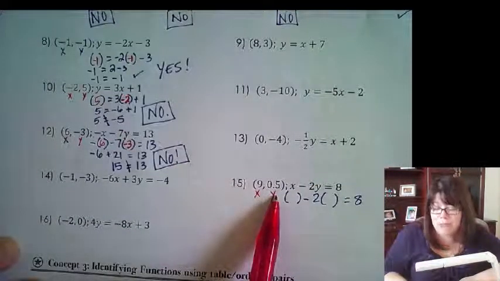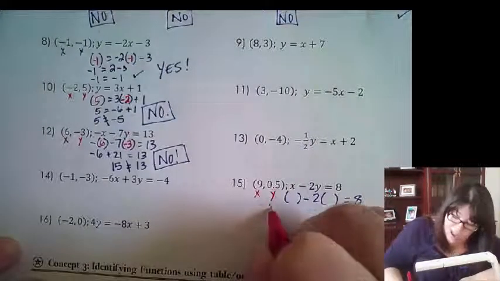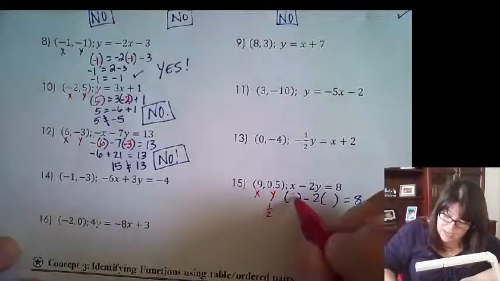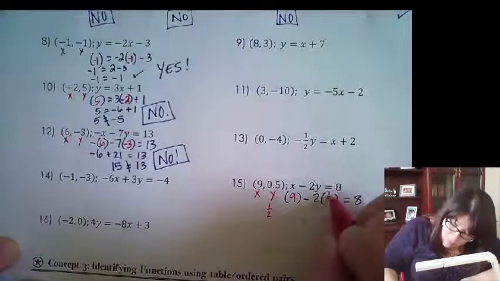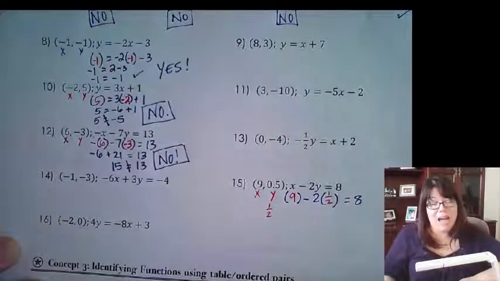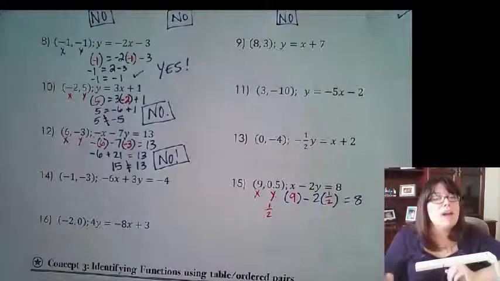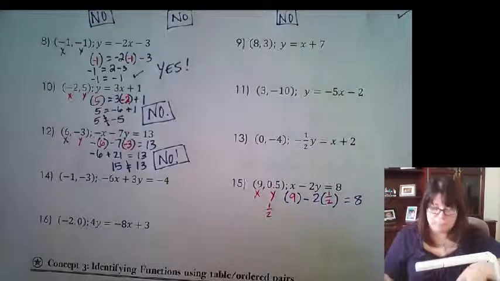I would like for you to change that into a fraction. 0.5 is 1/2. So when you plug it back in, for the x, you plug in 9, no problem. Minus 2, for the y, plug in 1/2 instead of 0.5. Okay? Because I really want you to get more comfortable with fractions. So I want you to use fractions whenever possible. And for these, it's totally possible to use your fraction.